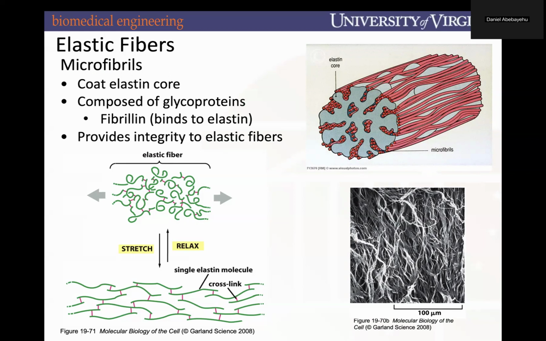And there's going to be fibrillin, a glycoprotein that's present all over the surface of elastin. So again, elastin is highly hydrophobic, so it's buried on the inside and camouflaged, for lack of a better phrase, by fibrillin. It's labeled microfibrils there, by fibrillin proteins.